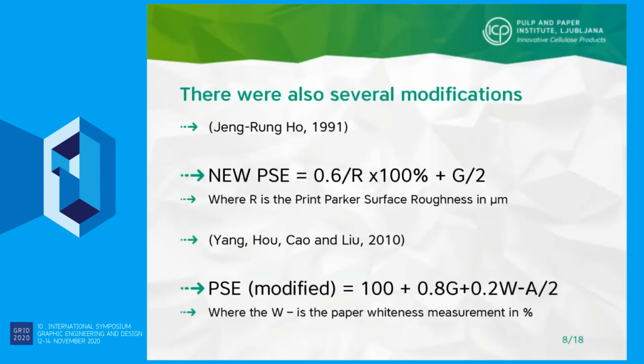There were also some additional changes by Yang, Ho, Sao, and Liu in 2010, where they included the whiteness value. But basically, whiteness is interchangeable with gloss, and roughness is also interchangeable with gloss, because there is a high linear correlation between roughness and gloss.